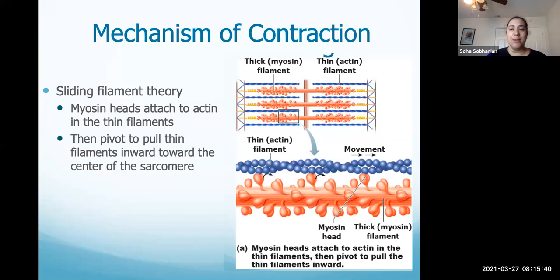So when you think about contraction, you always think about a muscle getting shorter. I want you to understand that that shortening, that length that gets less as we contract, starts with the interaction between actin and myosin. So do keep that in mind, please.